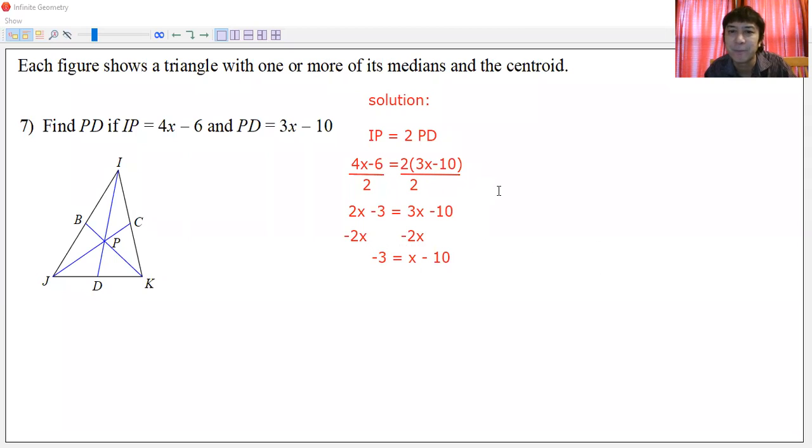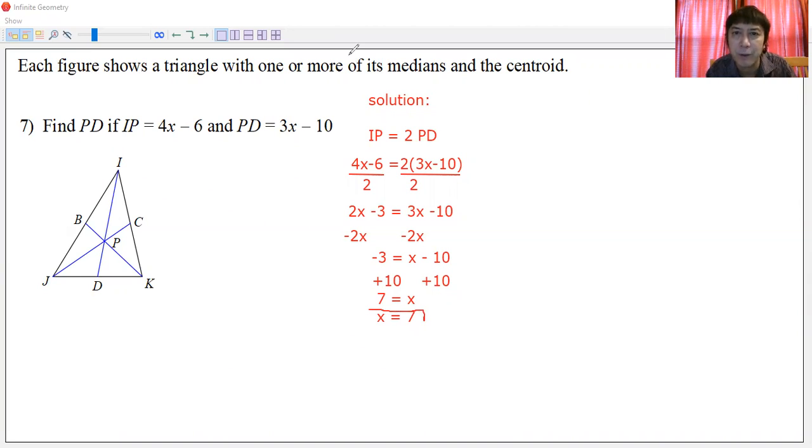We are now going to add 10 to both sides, and we have the value of x. Plus 10 here, plus 10 there, and we have 7 equals x. So this is x equal to 7. We write it this way, and we have the value of x.